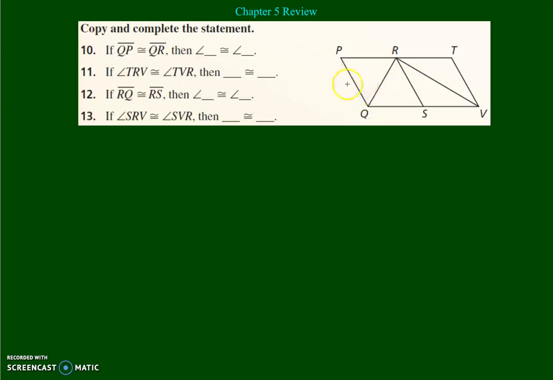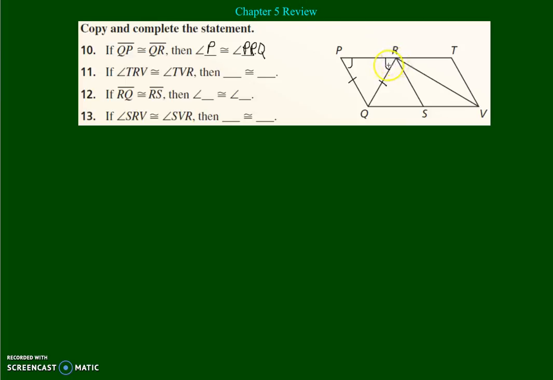Well, since we have this segment congruent to this segment, we know that by the base angles theorem, this angle has to be congruent to this angle. And so we say that angle P is congruent to angle PRQ. We couldn't say angle R because at that vertex, angle R would be ambiguous.